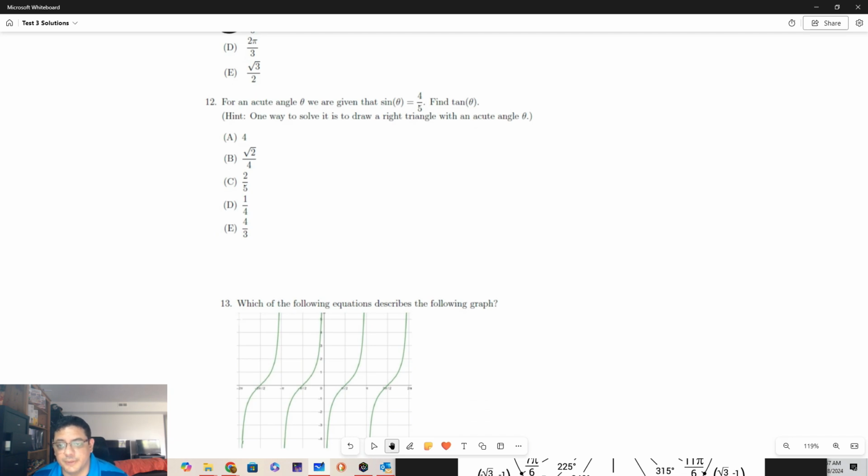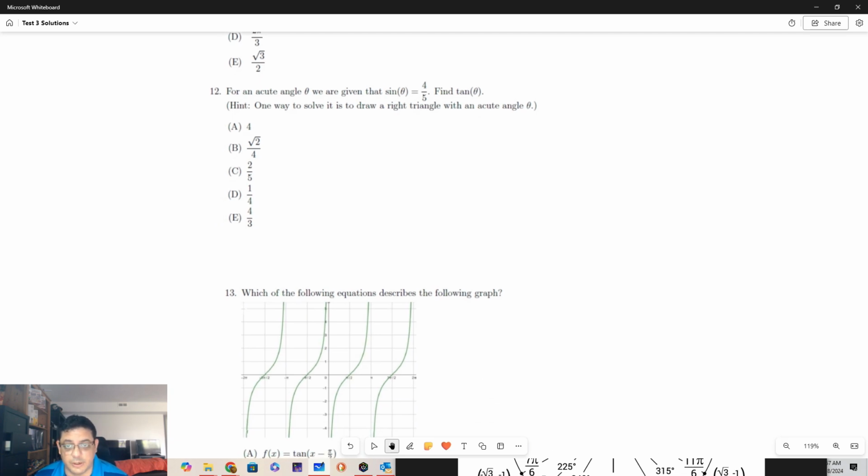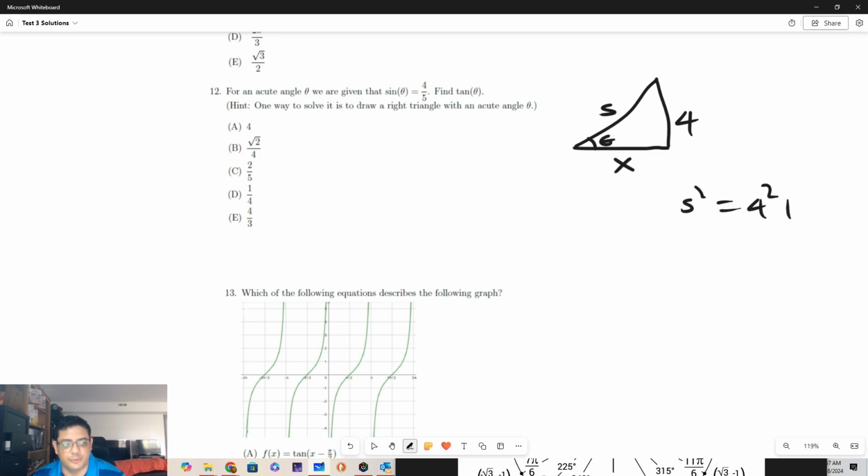Question 12. For an acute angle, so first quadrant, we're given that the sine of theta is 4 over 5. Find the tangent of theta. We can do this with the triangle. We have that the hypotenuse is 5 and the opposite is 4. We don't know the adjacent side, but we can use the triangle: 5 squared equals 4 squared plus x squared. So 25 minus 16 equals x squared, and so 9 equals x squared.